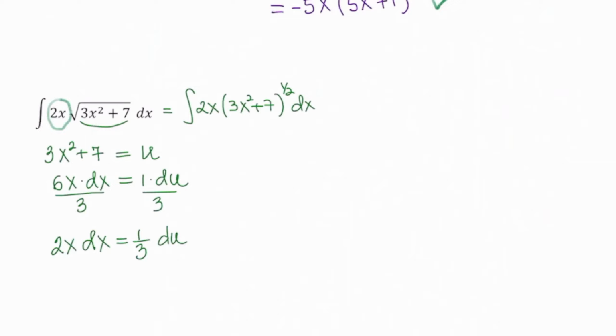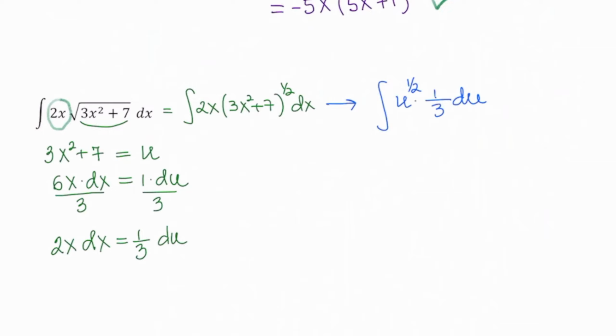And now I have all my components set up so that I can rewrite this integral in terms of a new variable. All right, so what is 2x dx? That's just 1/3 du. And here I get u raised to the power of 1/2.